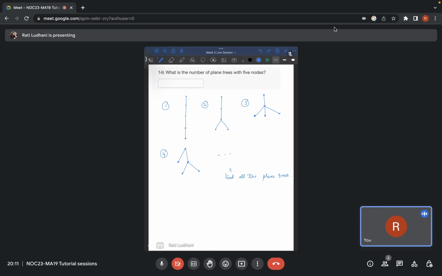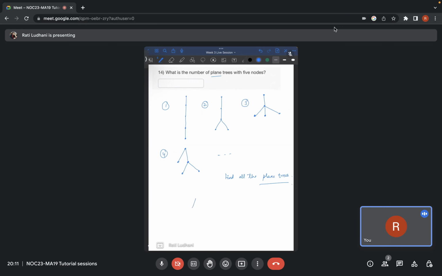Just try to find all the plane trees. You just need to do the specific thing and see how many you can get, and you should maintain this order.